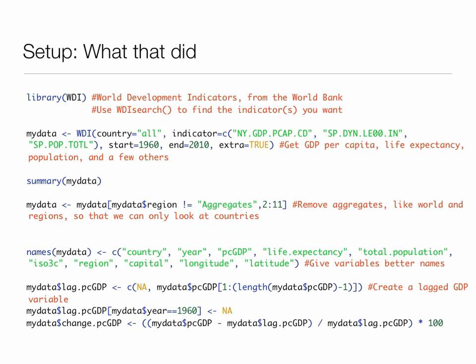One of the things that you're getting is data on aggregates, so the world or the Middle East or something along those lines. So what this middle line here does is it gets rid of any observation in which my data $ region is equal to aggregates.